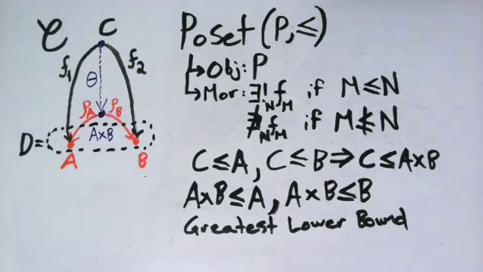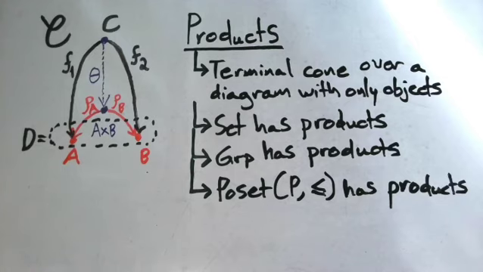So to sum up everything we've said so far, we came into this video with a more naive definition of what a categorical product was.